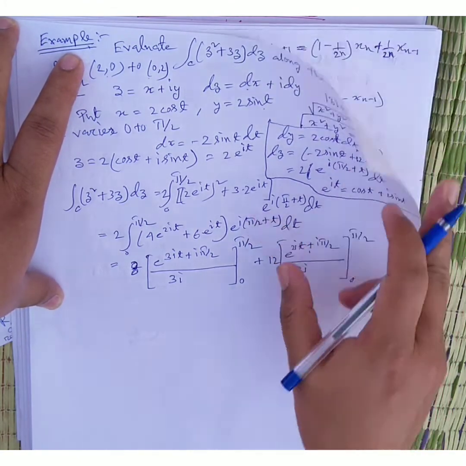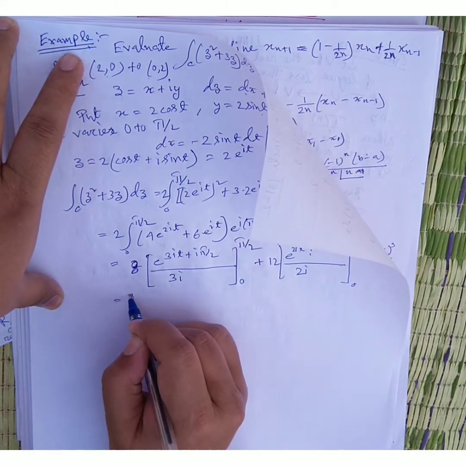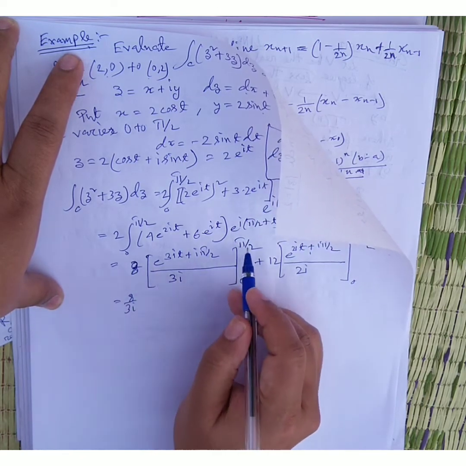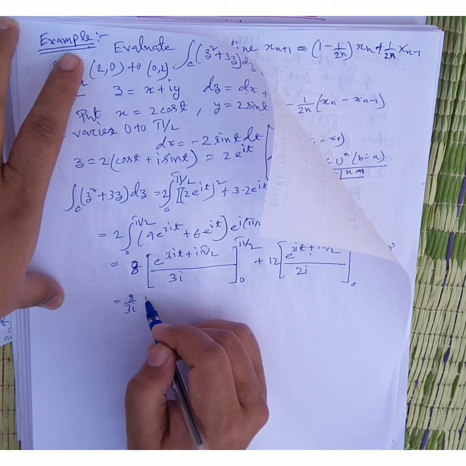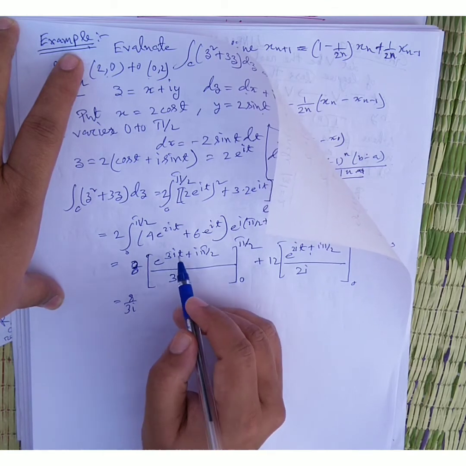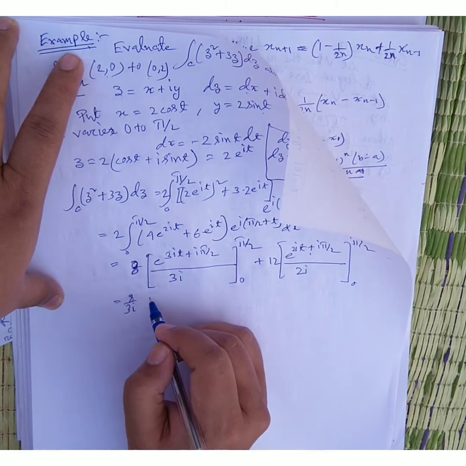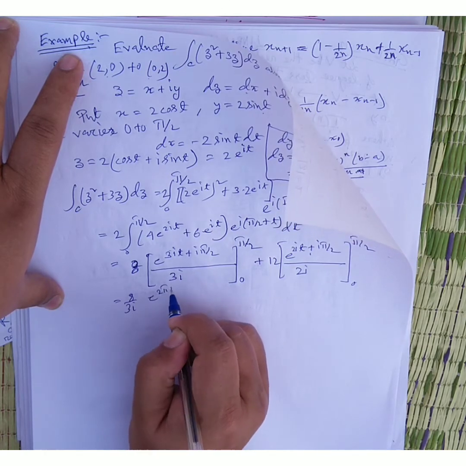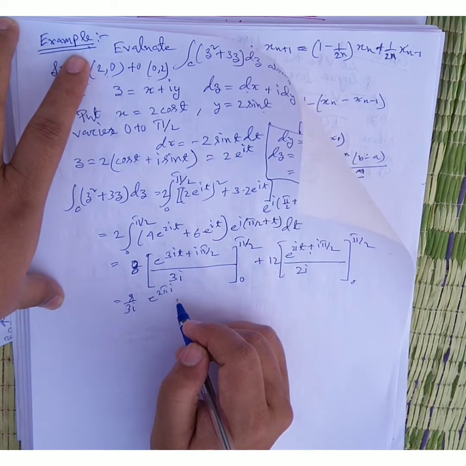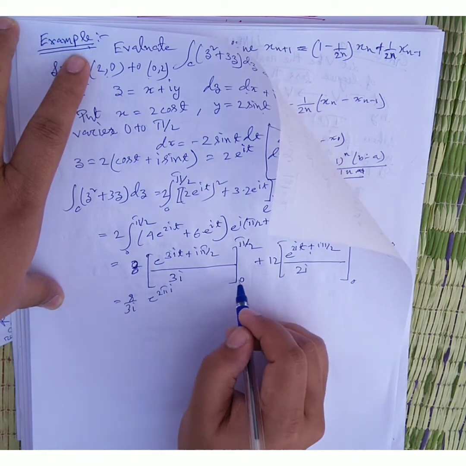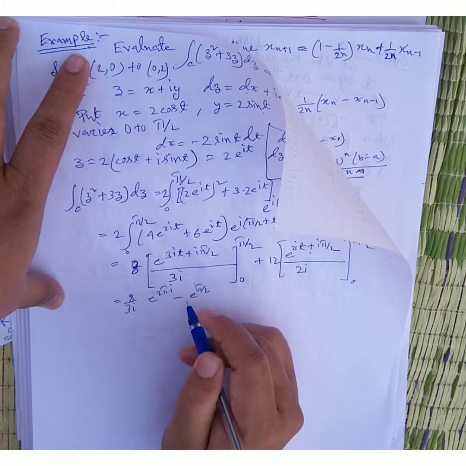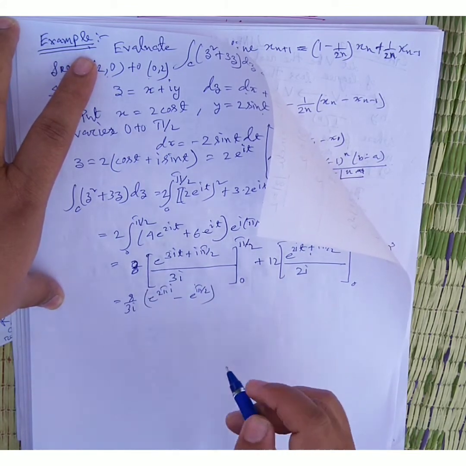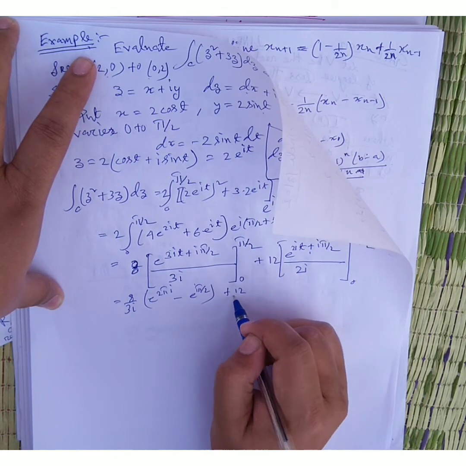My calculation is 8 by 3i, and if I put pi by 2 I get e to the power 2 pi i, and if I put 0 I get e to the power i pi by 2, plus 12 divided by 2i.